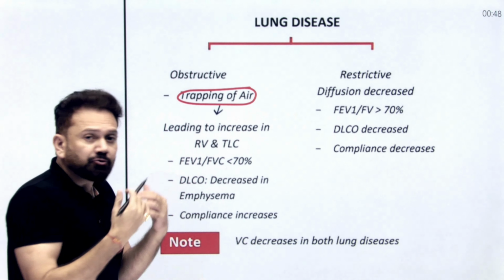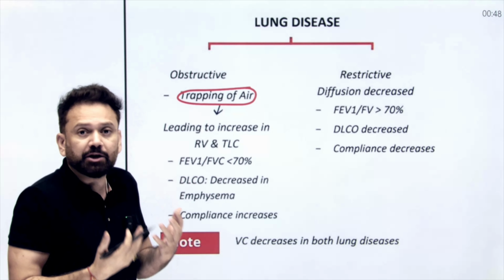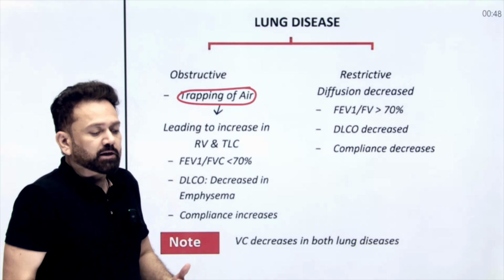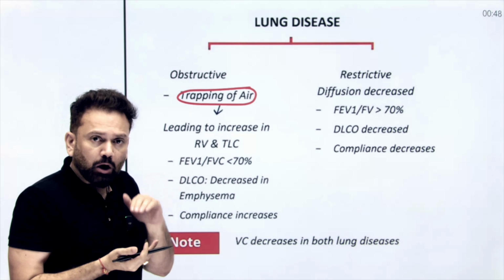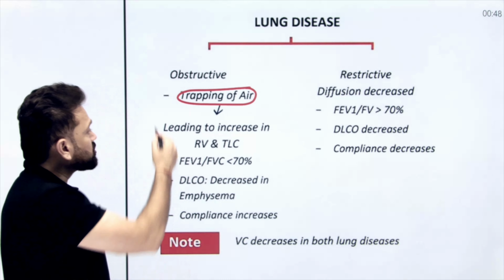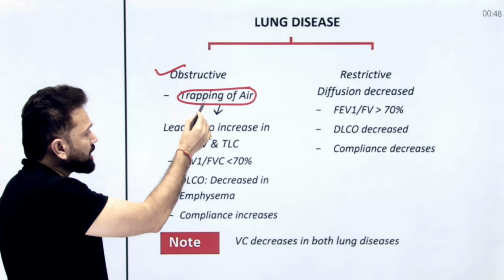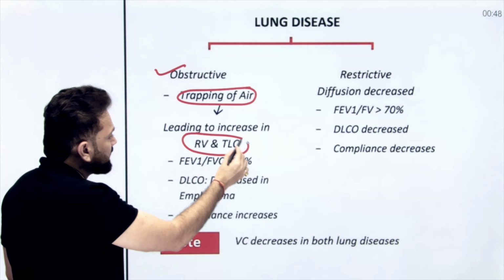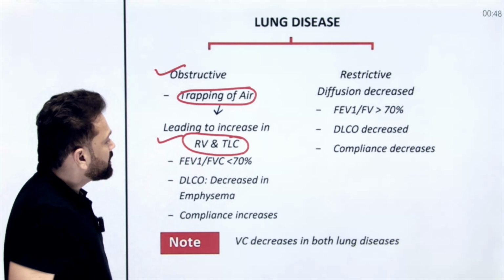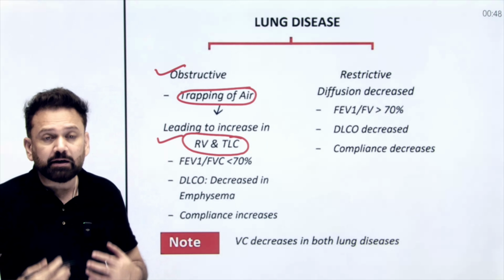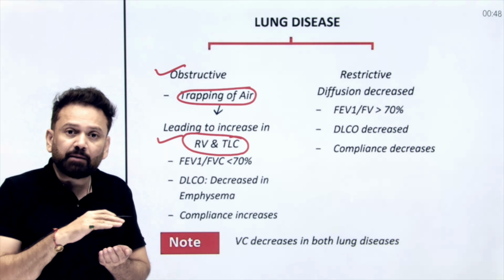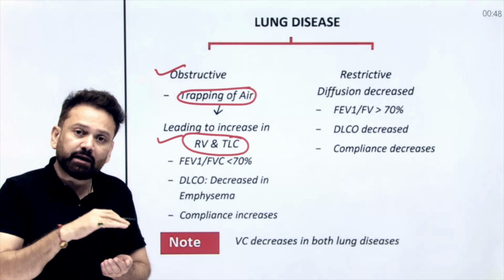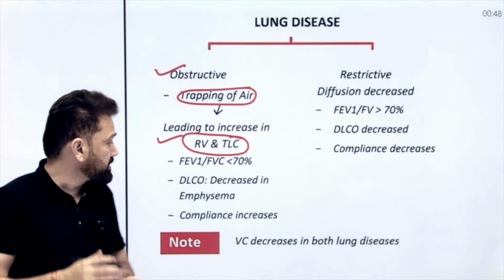When there is air trapping during expiration, it is obstructive lung disease, and because of trapping of air, residual volume and total lung capacity will increase. Every time you breathe, residual volume increases, and that causes an increase in total lung capacity, doctors.